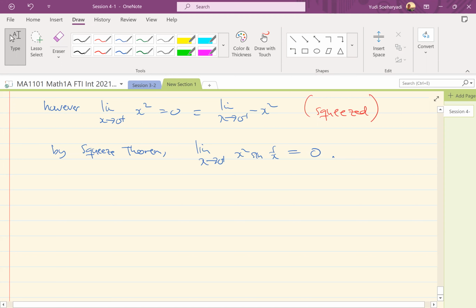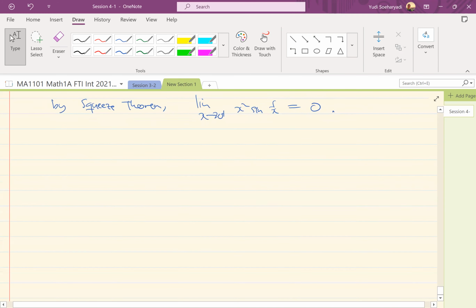Okay, so for trig functions, I would just mention the special trig limits. A special trig limit is this one: the limit of sine x over x as x goes to 0, same as x over sine x.